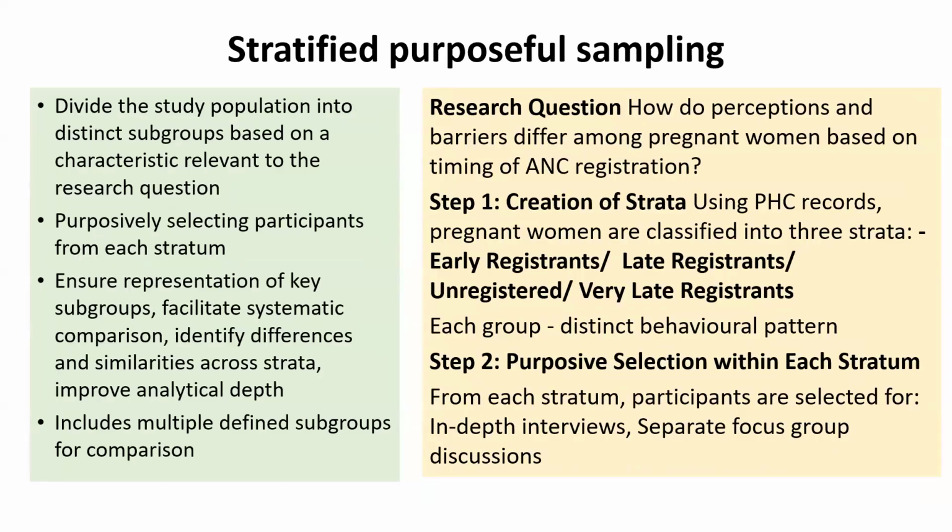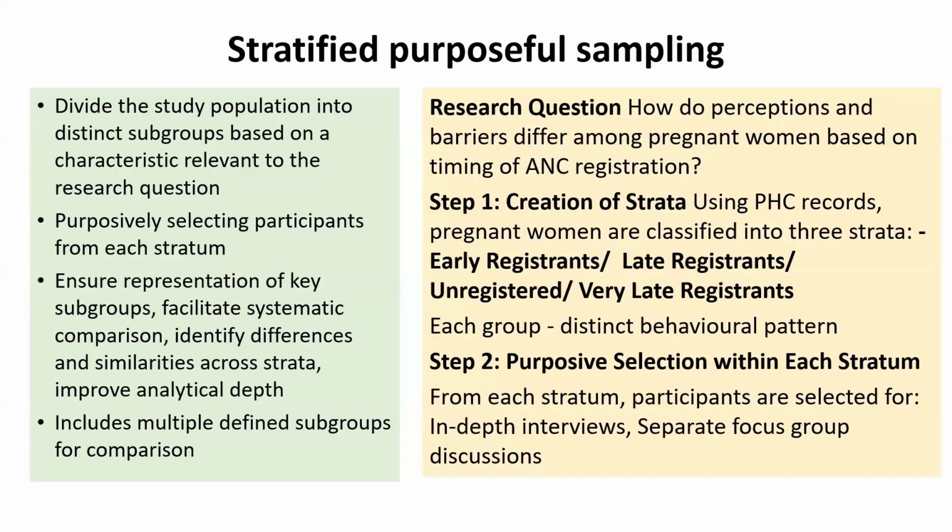If one of your goals, prior to sampling itself, is to compare subgroups, then you will resort to stratified purposeful sampling. Or you want to make comparisons in terms of identifying the differences and similarities between the two groups, and subgroup analysis also helps you gain greater depth in your analysis.